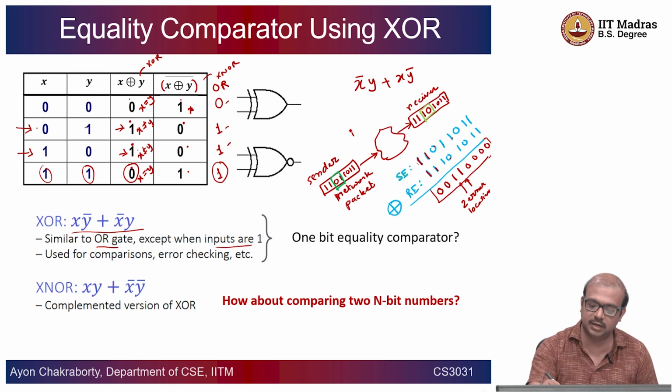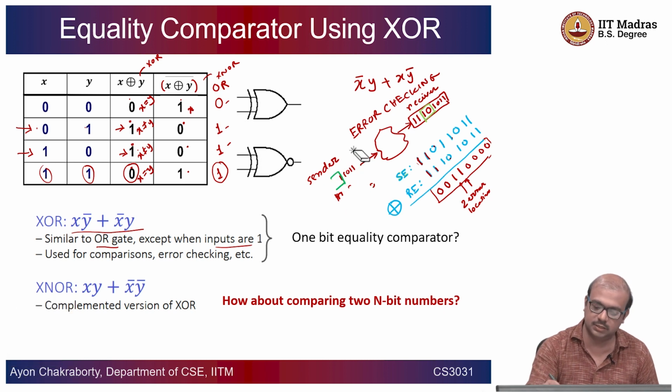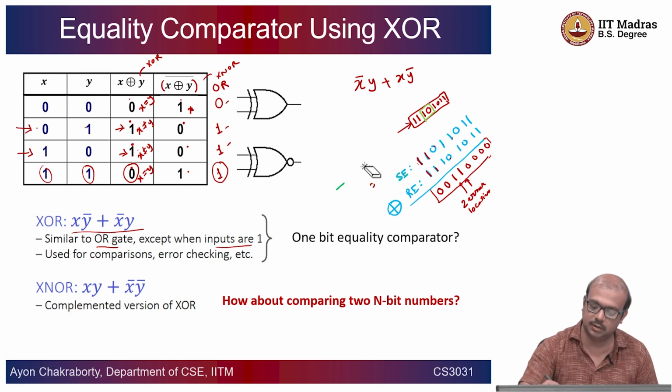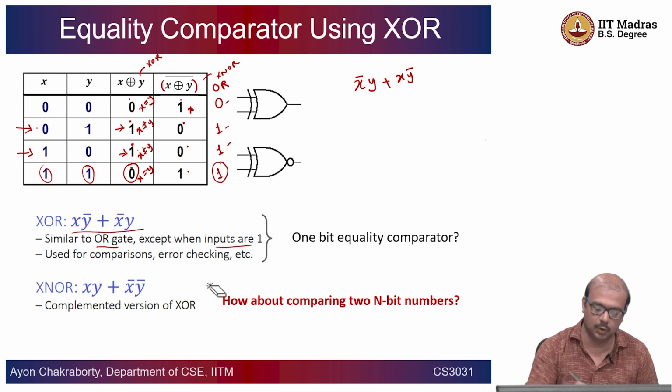This was about the error checking. Let me erase this part. This was error checking. Let me come to the summation now. So, I will use this part of the circuit.